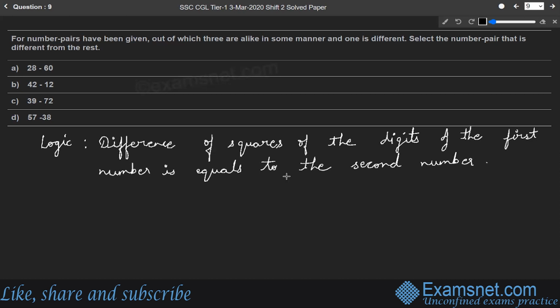This is the basic logic that we have to use in this question. Now coming to the solution part, we can see that the first option is 28 and 60.